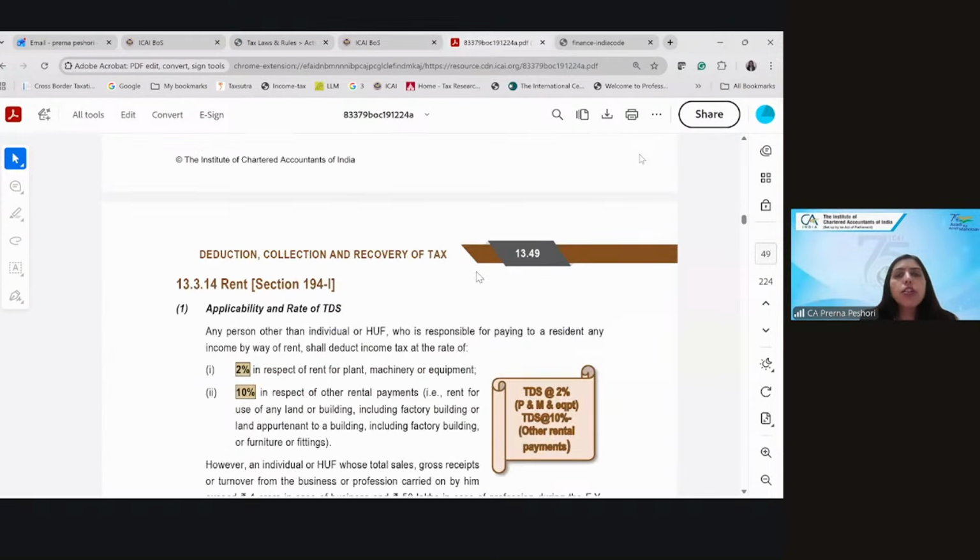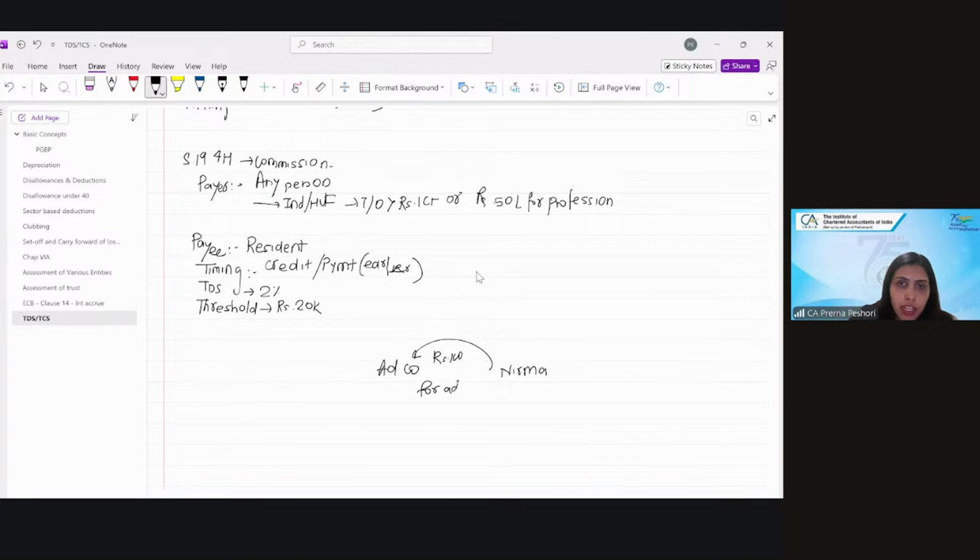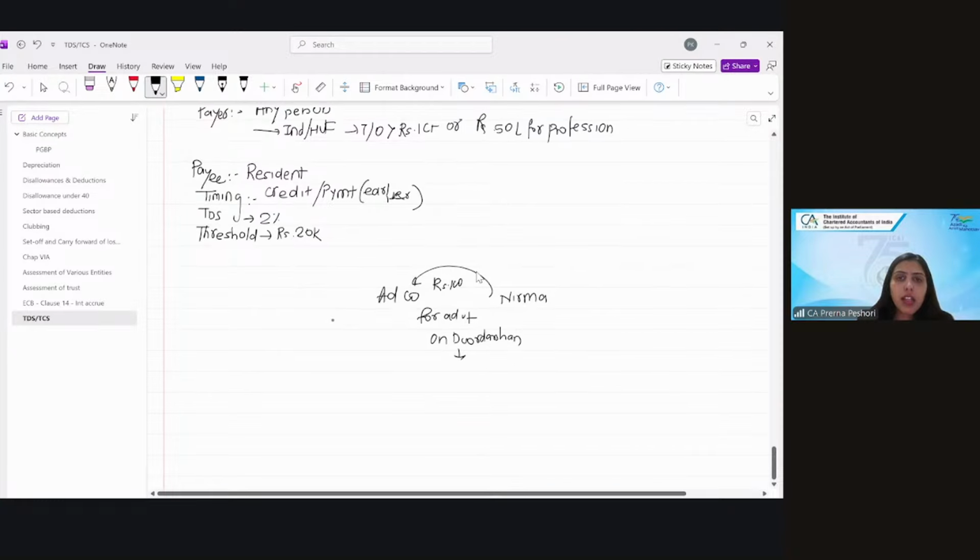So they are saying it will not attract any TDS. So when I talk about, let's say this is my ad company. It takes the 100 rupees, let's say from Nirma, for the advertisement on Doordarshan. So this is works contract.